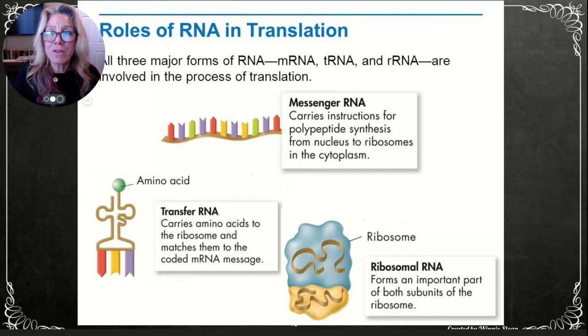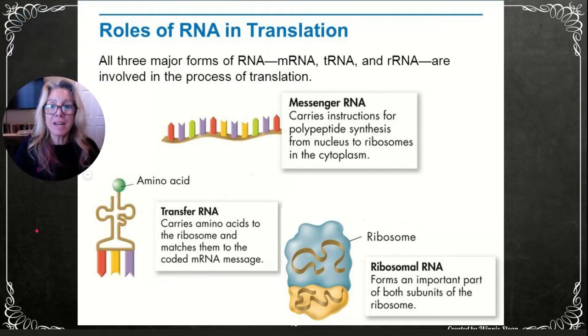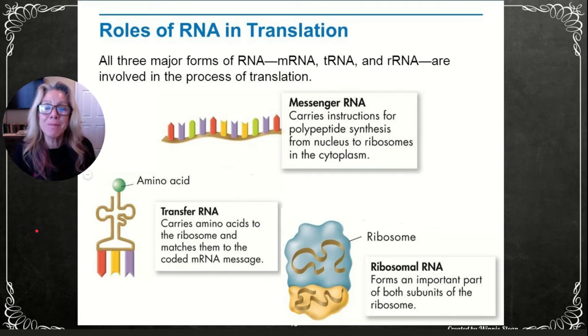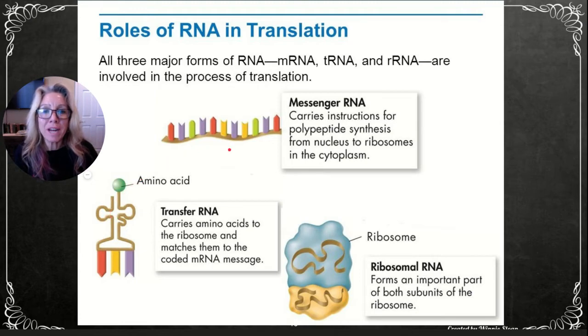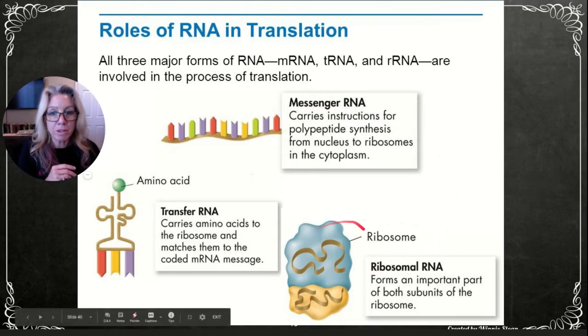Now, there are three different types of RNA. There's actually many more than that, but I'm going to focus on three main types of RNA and the roles that they play. All three of these RNAs are transcribed from the DNA. Messenger RNA is important. It carries the message from the DNA out to the workbench for protein synthesis, which is the ribosome.